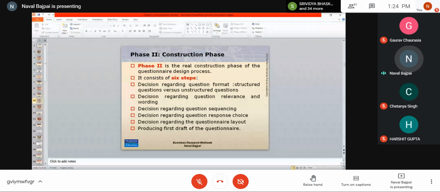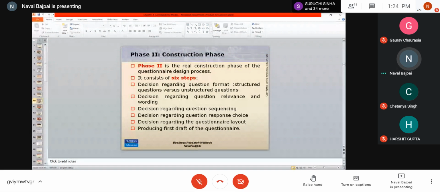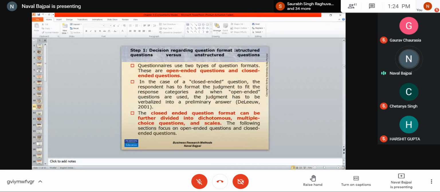But this is the second phase, the questionnaire construction. It has 6 steps, and I'm going to take up all these in detail. One thing which is very important is that questions can be open-ended questions or closed-ended questions.